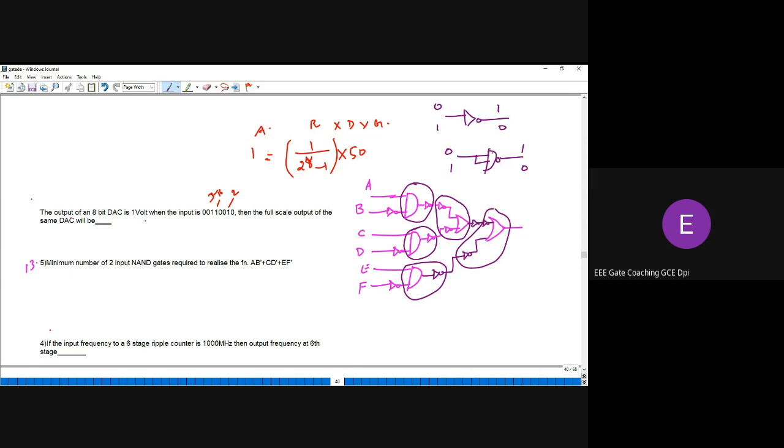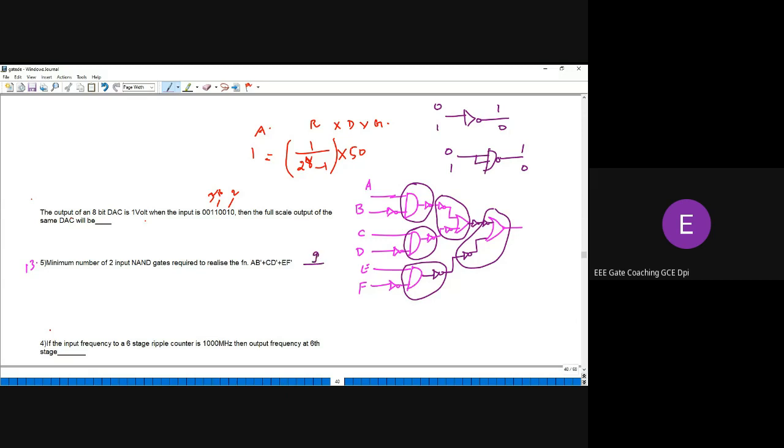A NAND can be converted to a NOT gate by connecting both terminals to the same input. If both the inputs are shorted, it becomes a NOT gate. So how many NOT gates are required? 1, 2, 3, 4, 5, 6, 7, 8, 9. So totally 9 are required.